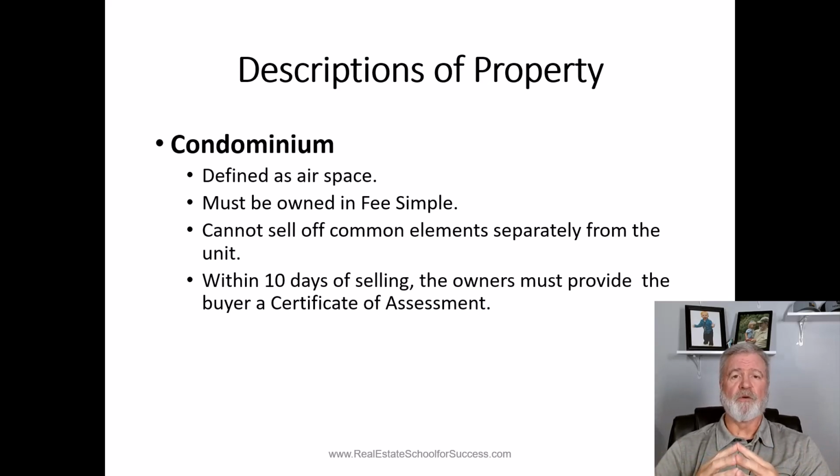Well, you might say, I don't go to the pool, don't like the pool, and I don't want to have to pay to maintain it and keep it up. So I'm just going to sell off just my share of the pool. You can't do that. You can't sell off common areas separately from the unit. In case you didn't know it, now you do.